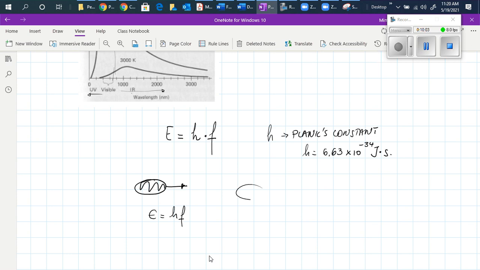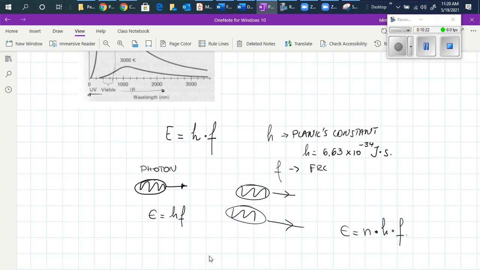And if we have multiples of photons, then the energy of all will be calculated as n times h times f, where f is the frequency of the wavelength of the light.